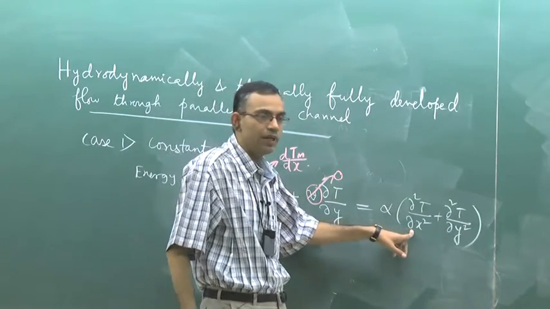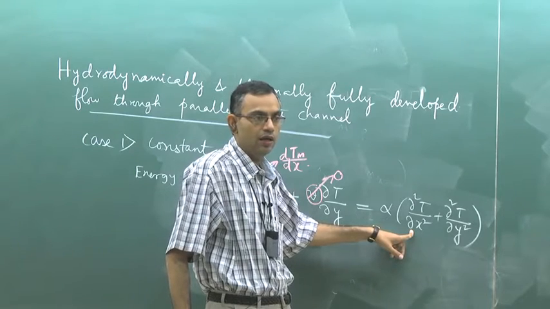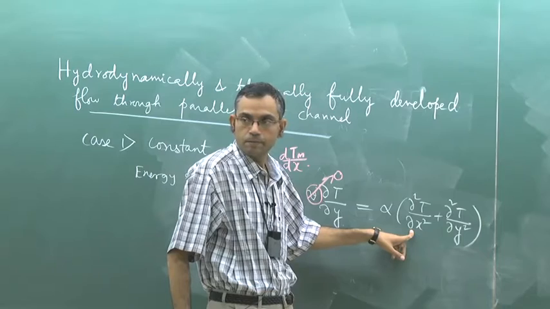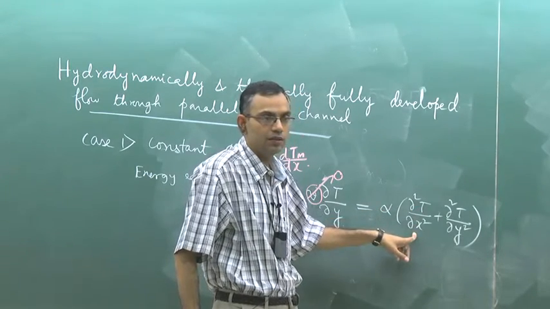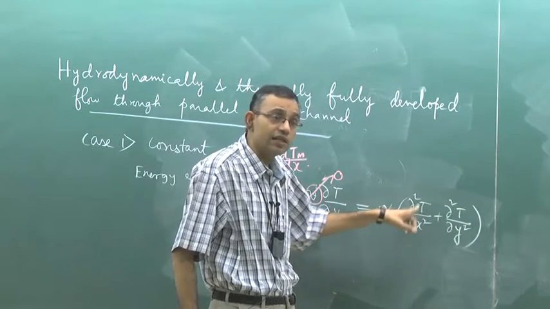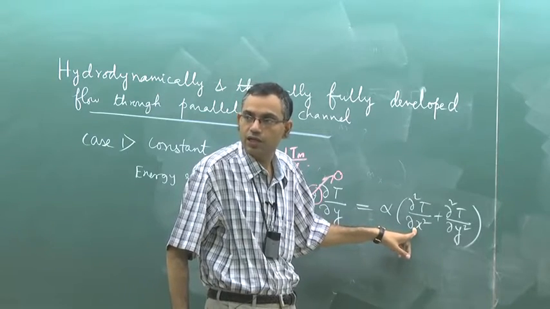What about this term in the right hand side? Del T del x. Del T del x is what? Del T del x is equal to constant for thermally fully developed flow with constant wall heat flux.